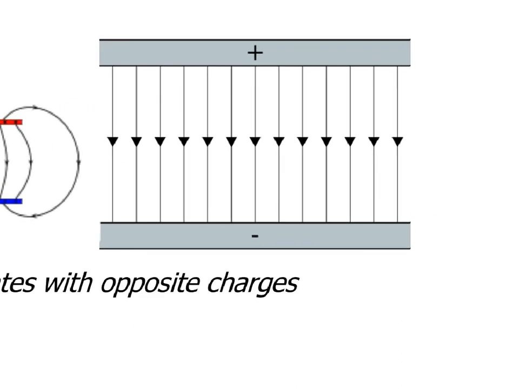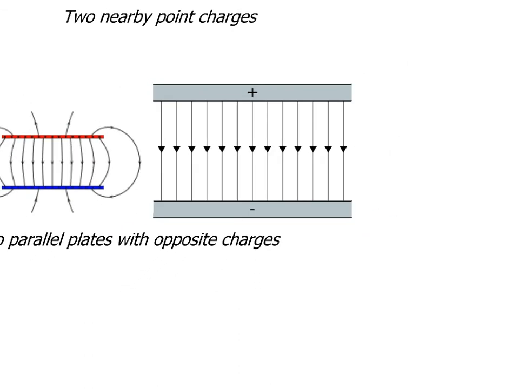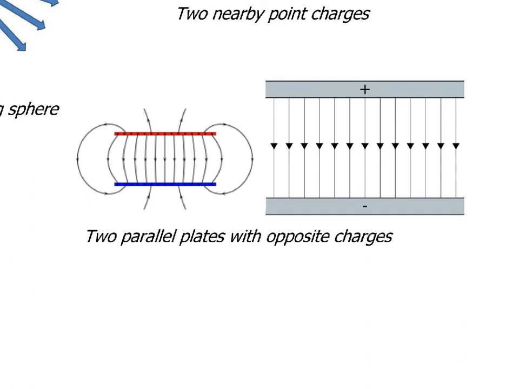So over here I've drawn the middle section of two parallel plates that have opposite charge. And of course the arrows go from plus to minus. So there would be this electric field generated in between these two plates. This is really important for some specific applications of electricity, including capacitors, which will be discussed later. In any case, that is what an electric field would look like between two parallel plates that have opposite charges.